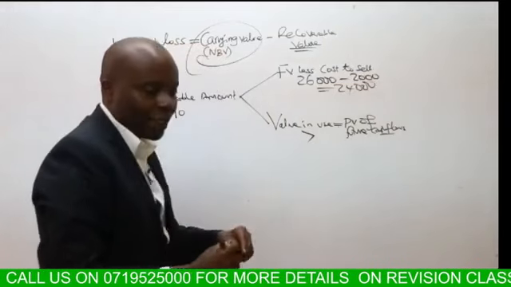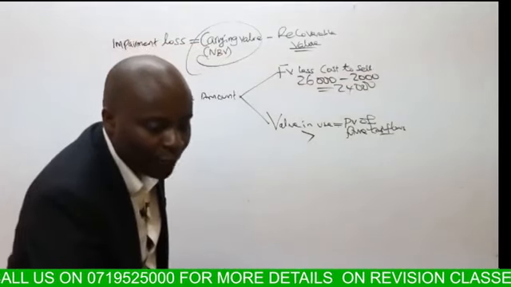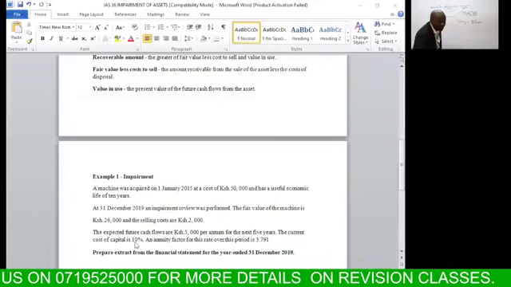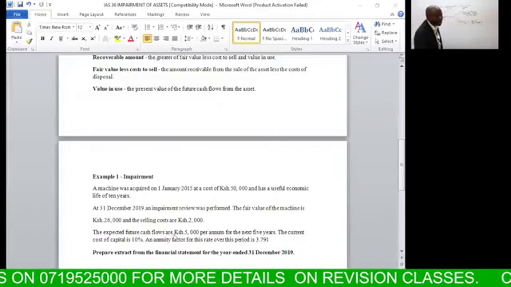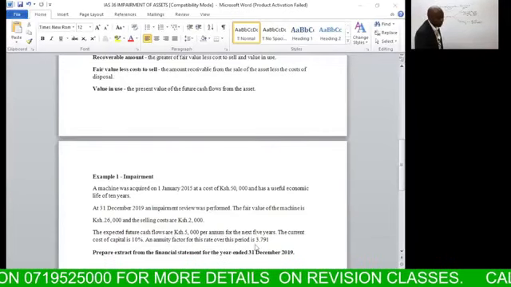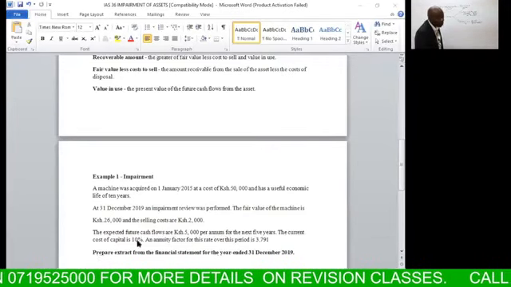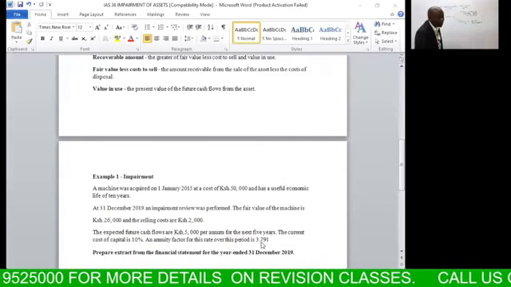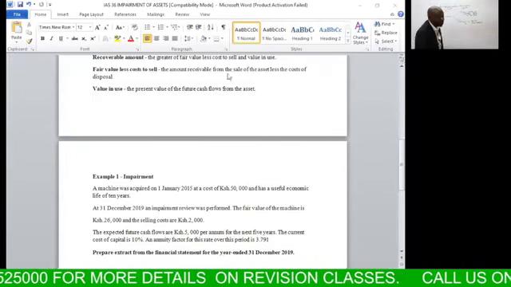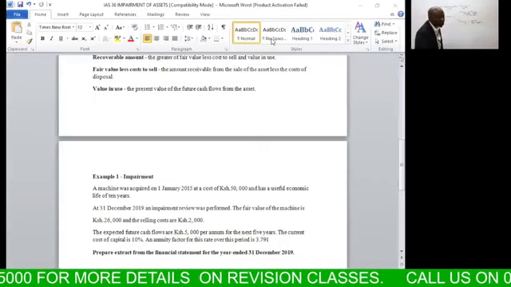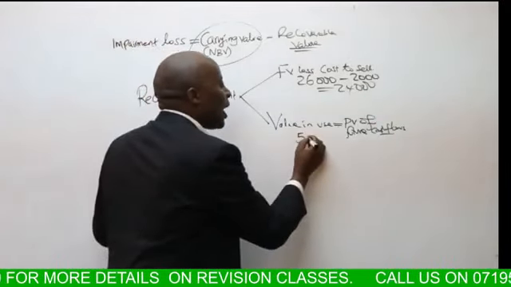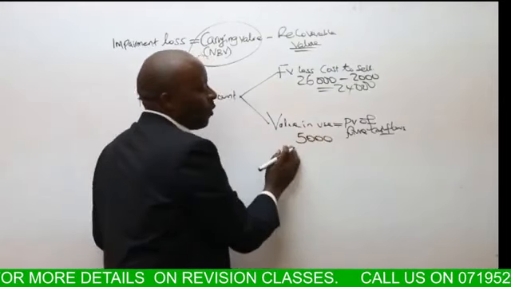From there, we're looking at value in use. They're telling us that the expected future cash flows are 5,000 per annum for the next 5 years. The current cost of capital is 10%, but fortunately, they have given me the annuity factor as 3.791. So if we continue using this asset, we shall derive a cash inflow of 5,000.